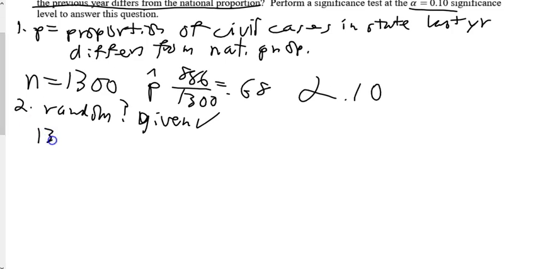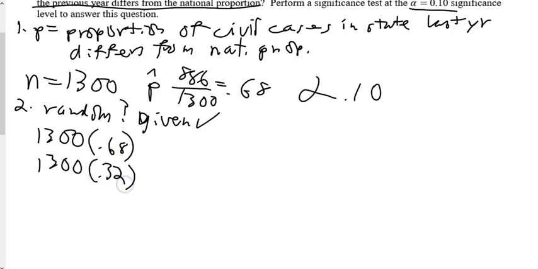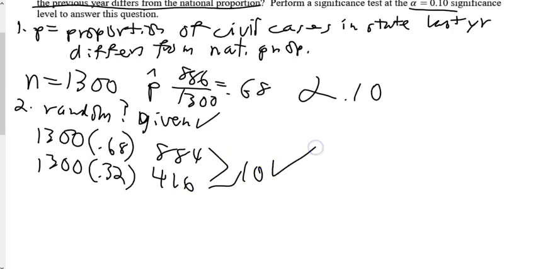Now we're going to do our n times our p hat, and our n times 1 minus p hat. Remember, I paid 68 cents for my candy, I get 32 cents back in change. So that works out to be 884 here and 416 here. Well, both of those are greater than or equal to 10. Check. We're good to go.